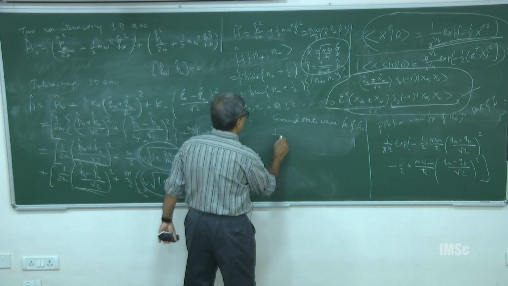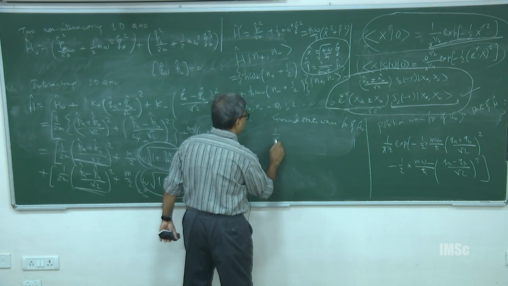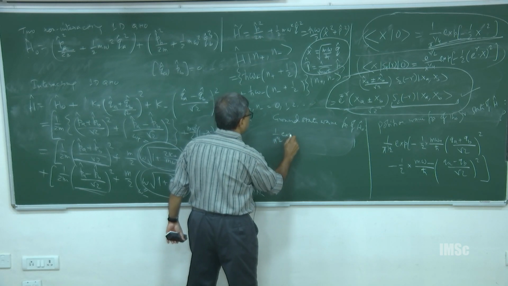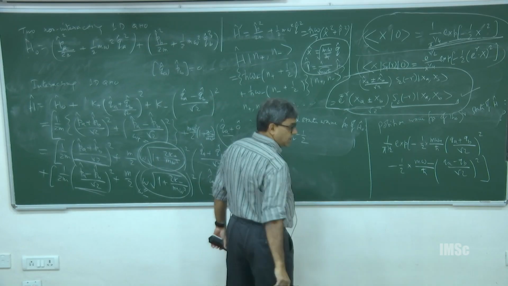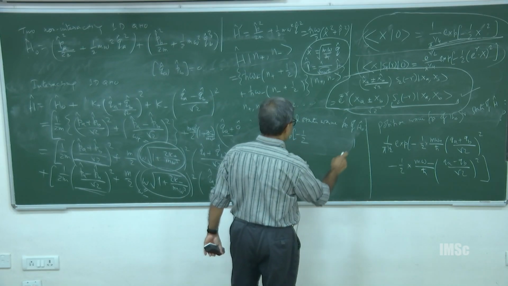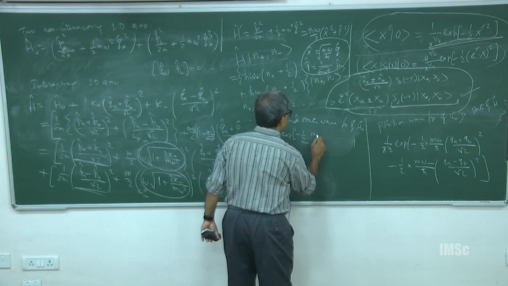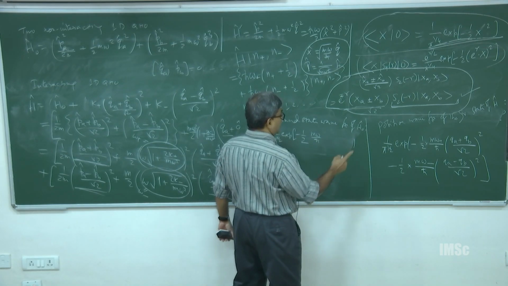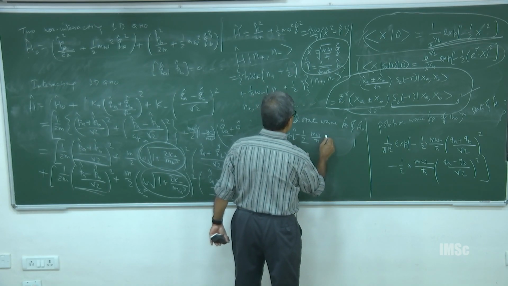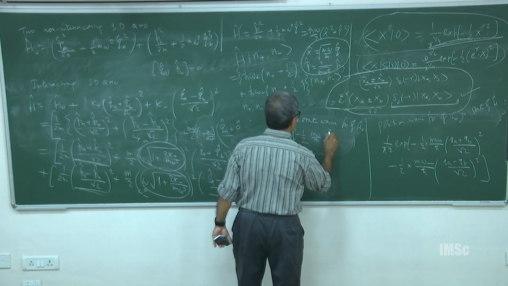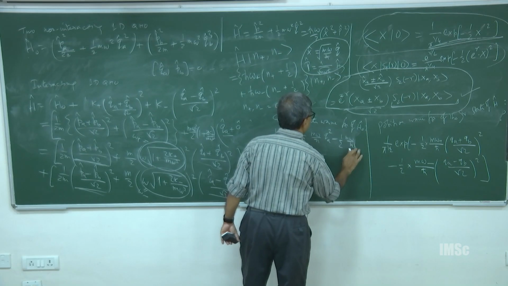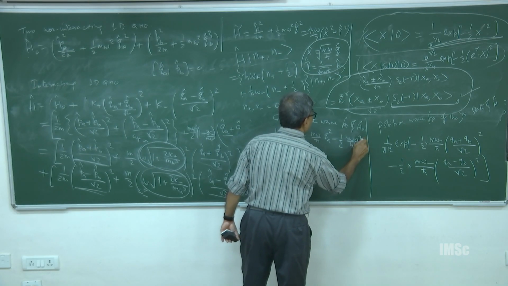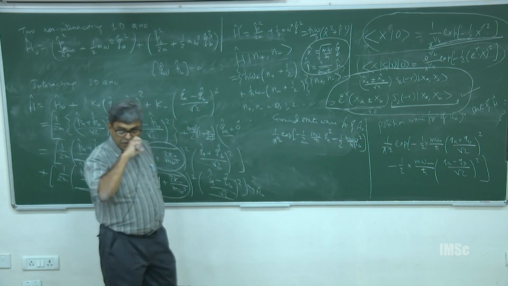it will be 1 upon pi to the power half, exponential of minus half, I should be careful, it should be m omega by h cut, qa square minus m omega by h cut qb square. Do you agree with me for this one?